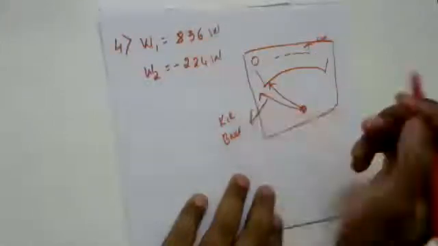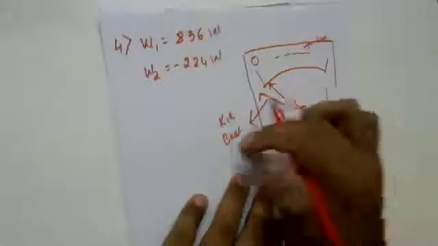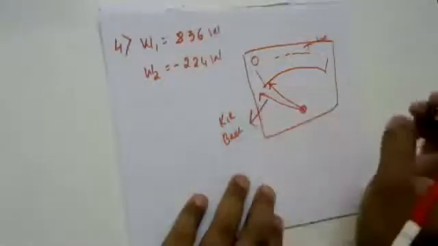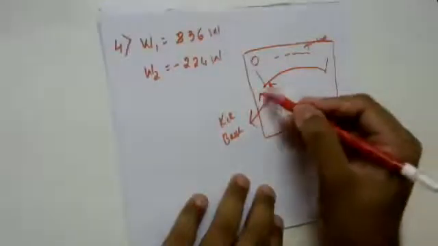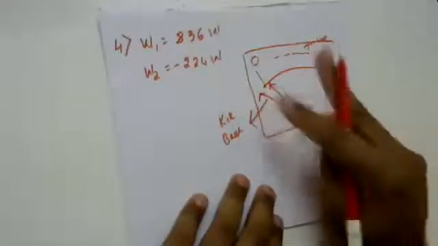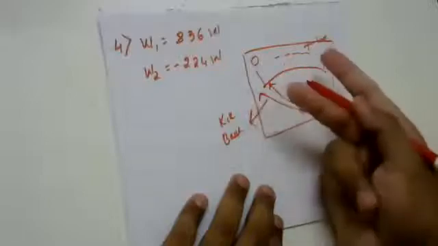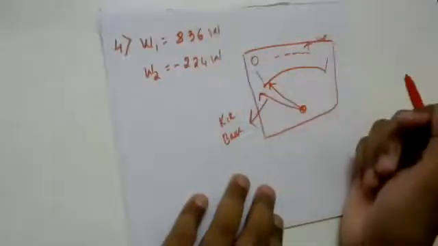In this kickback condition, since I cannot read the negative values, I will interchange the current coil.